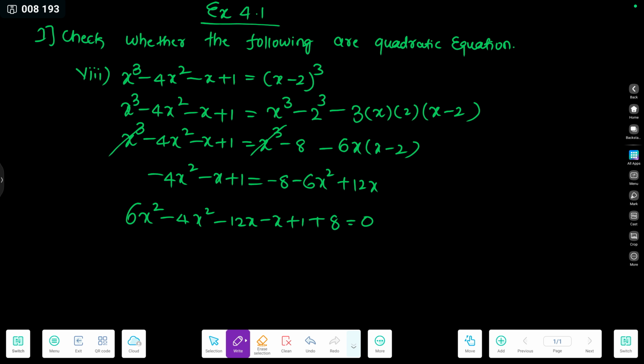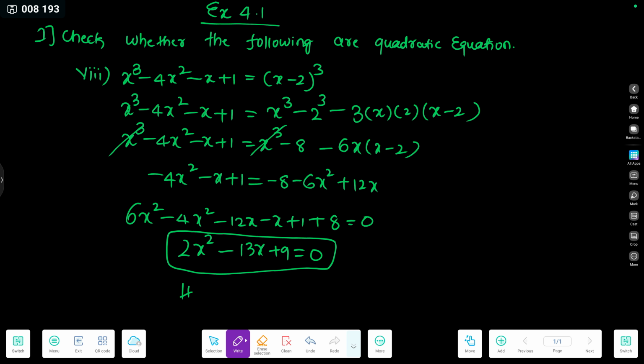Highest degree is 2, hence the given equation is a quadratic equation.